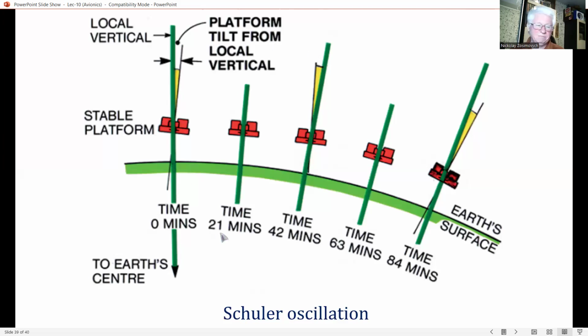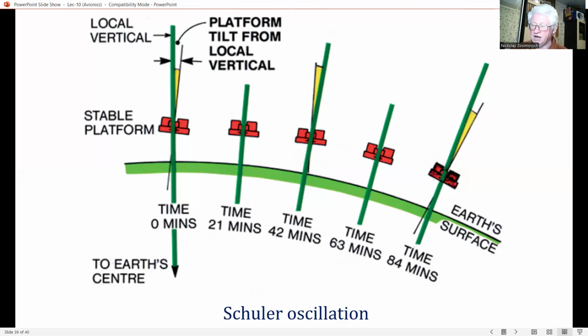At time equals 22 minutes to 42 minutes, the accelerometer error due to the platform tilt is now positive, so that the platform rate of rotation starts to increase. At 42 minutes, the platform is now rotating at the same rate as the local vertical.